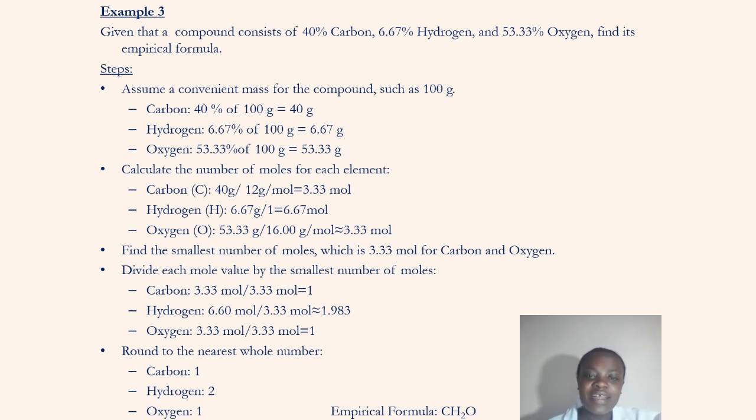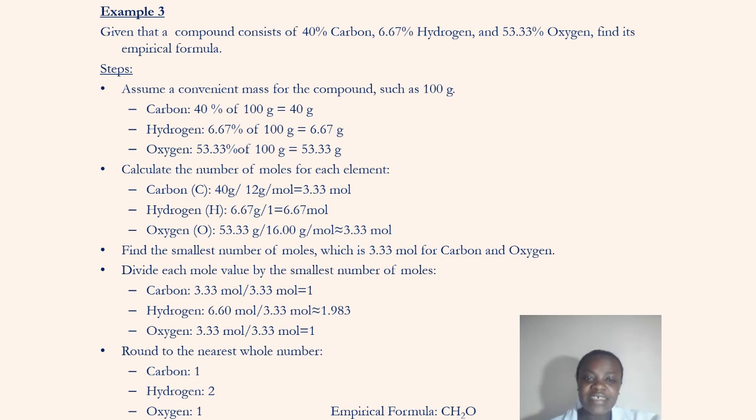Now I'll go to the next step by finding the number of moles of each element. I start with carbon. We know moles is equal to mass over molar mass. So the mass of carbon is 40, its molar mass is 12, to give me 3.33 moles.